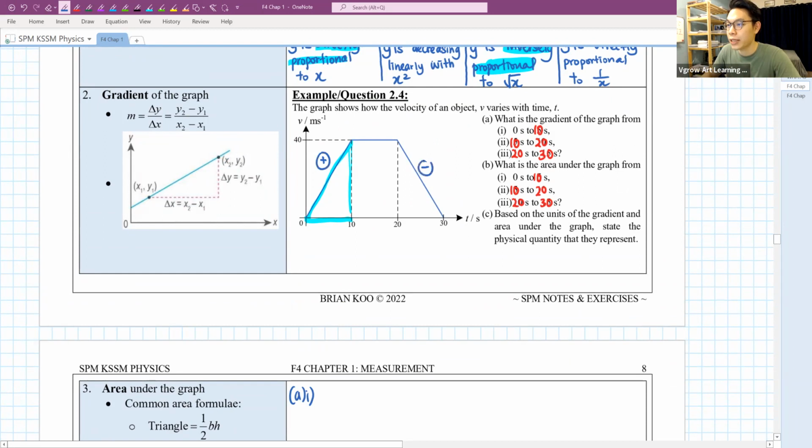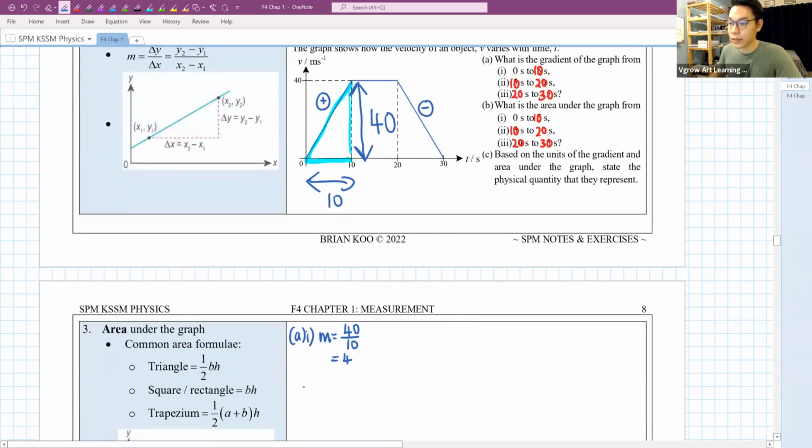And then I know this one is negative value. So the gradient is equals to the y distance here is 40. The x distance here is 10. So it's 40 over 10. That's for number 1, 0 to 10 seconds. Number 2, for 10 to 20 seconds.